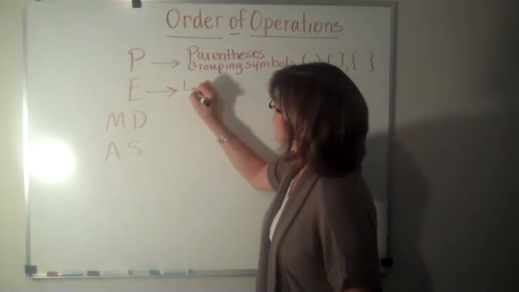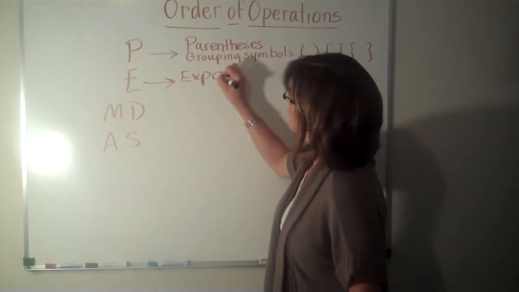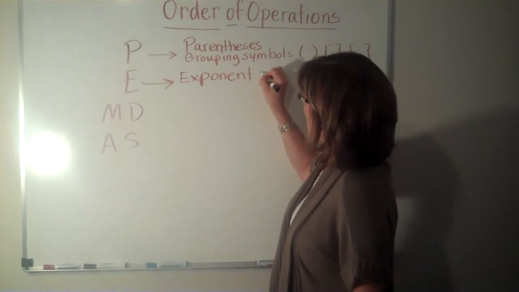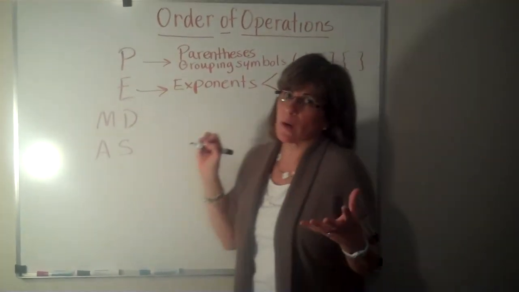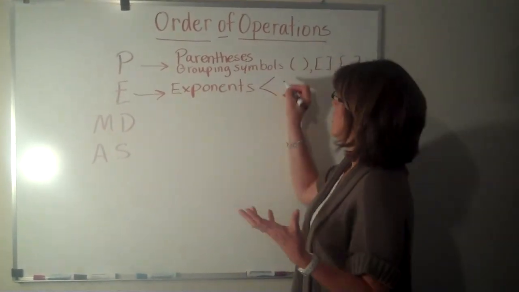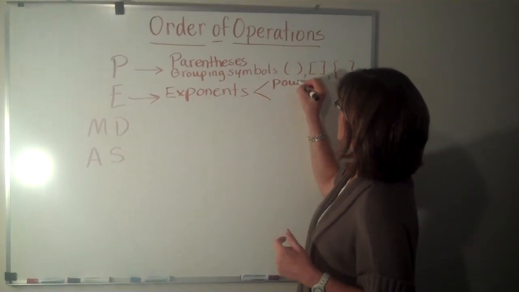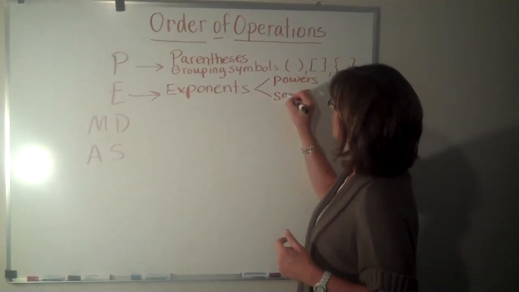E stands for exponents. Now, exponents in the past, you knew just exponents, but now you know how to do square roots. So it's not only the powers, but it's also square roots.